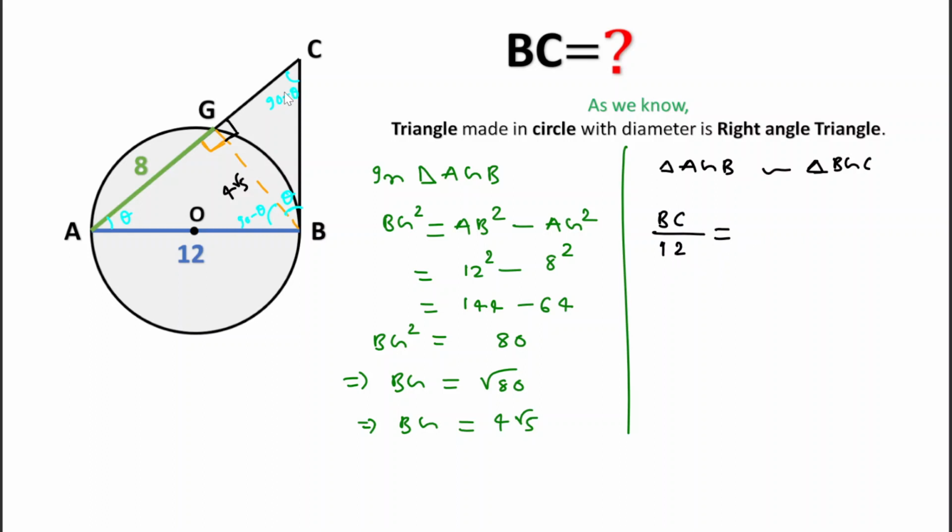Opposite to this 90 minus theta angle in triangle BGC is BG, so we can write 4 root 5, and opposite to this 90 minus theta in triangle AGB is AG, which is given as 8 units. So we can write here 4 2s are 8 and 2 6s are 12. So we can write BC equal to 6 root 5. So 6 root 5 will be the required answer for this question.